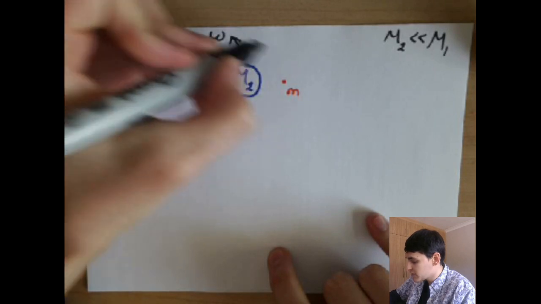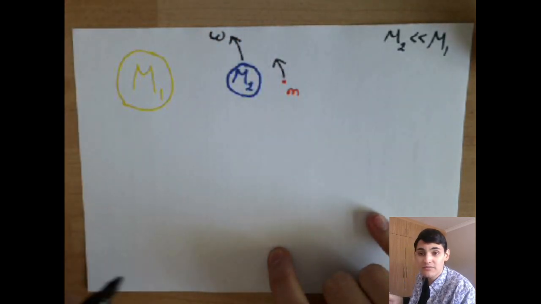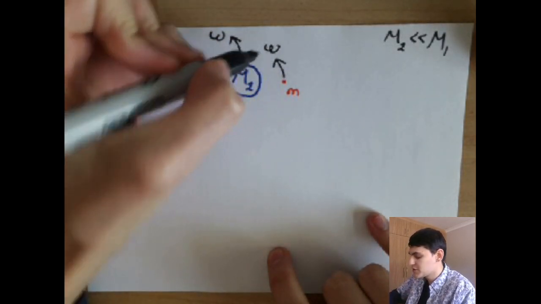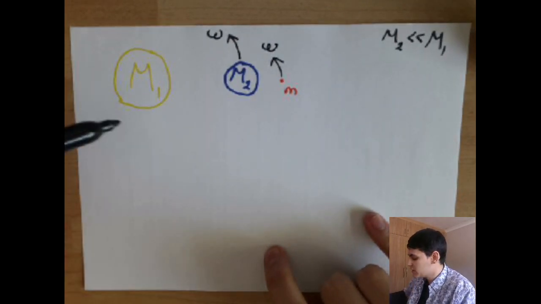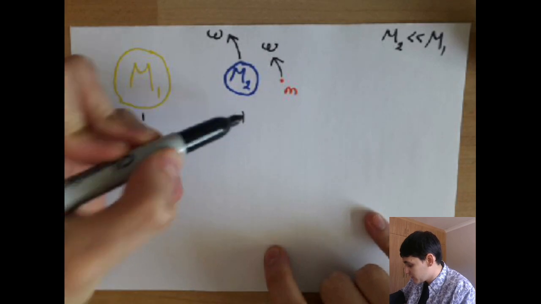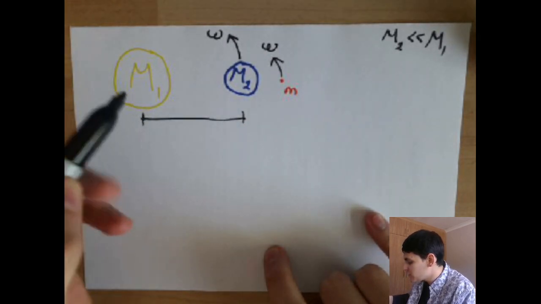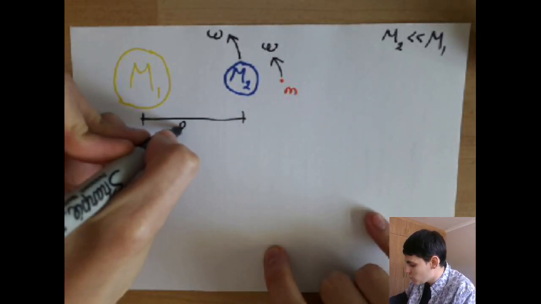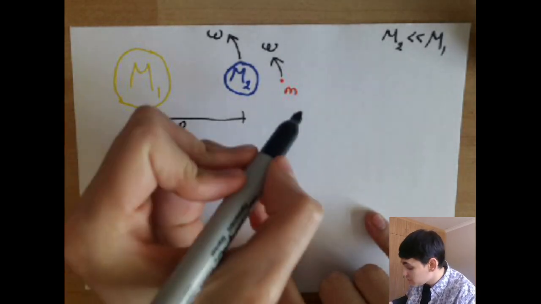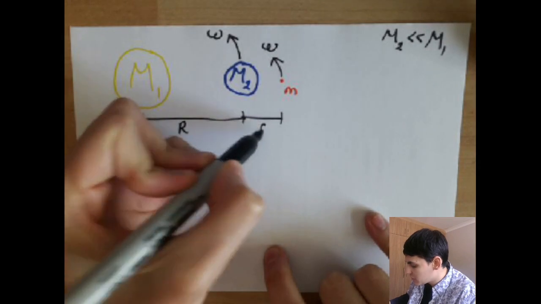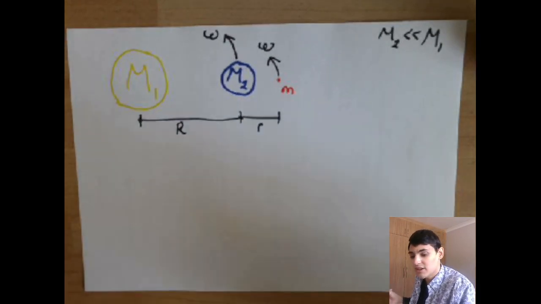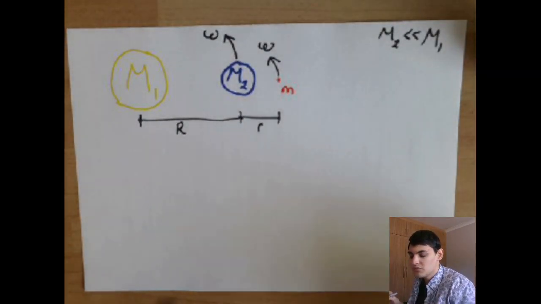We'll call the angular velocity omega, and they both move with angular velocity omega. Let's also put in our distances. So we'll call the distance between M1 and M2 big R, and the distance between M2 and little m, little r.